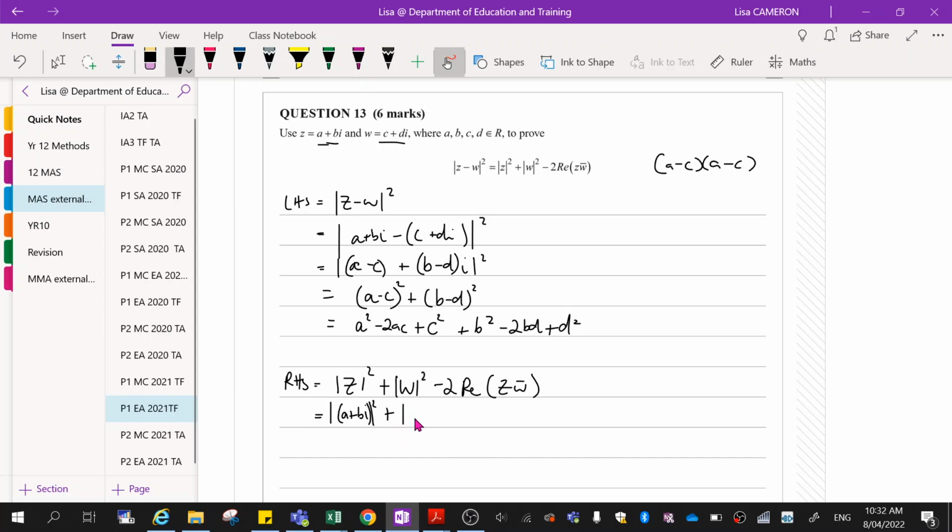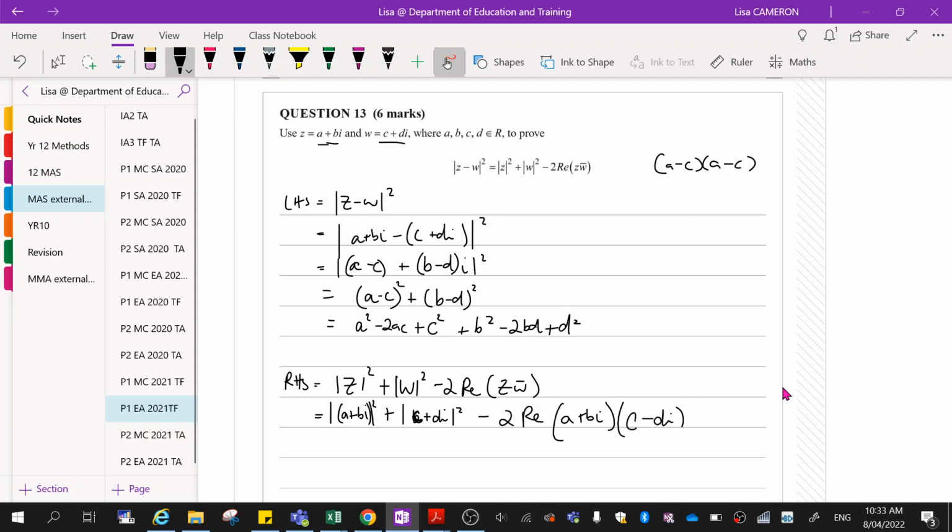Plus |c plus di| squared, minus 2 lots of the real component of a plus bi times c plus di's conjugate. Now the conjugate here is going to be c minus di.